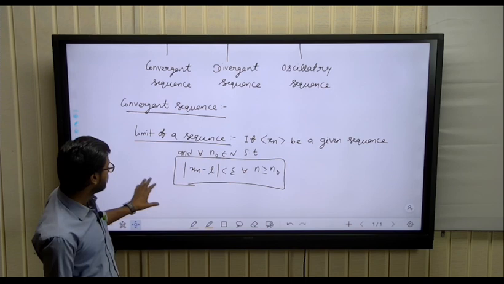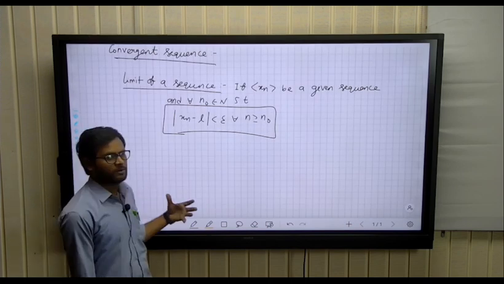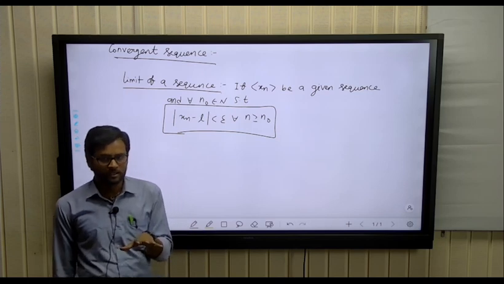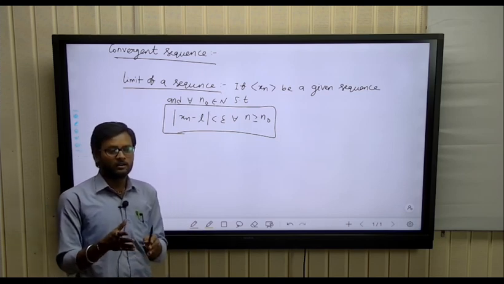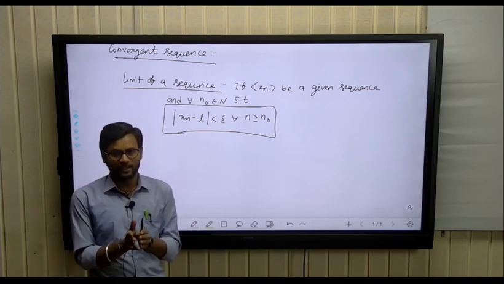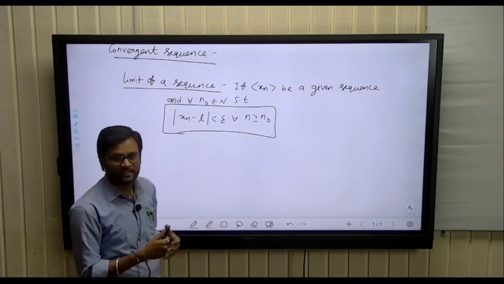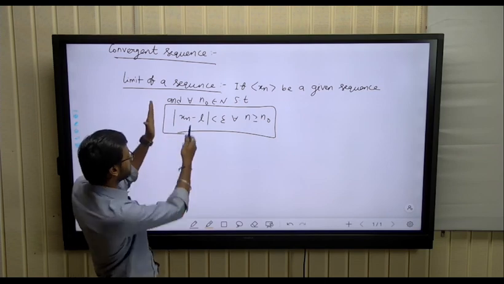Now we have discussed the mathematical definition, but it is not easy for every student to understand. If a student is from an arts background, he doesn't know about epsilon, n naught, or the mod function.